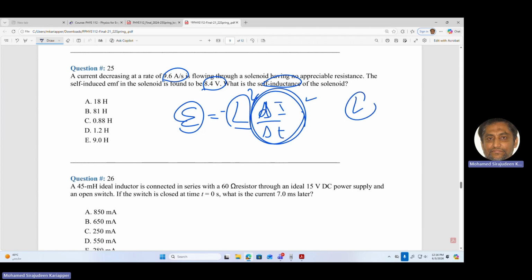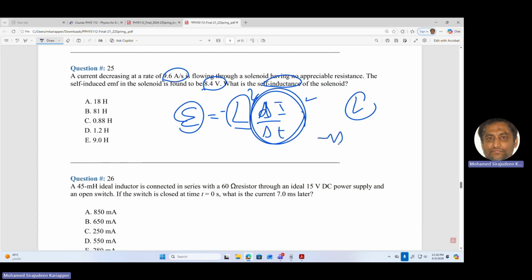L is a magnitude. You don't have to worry too much about the sign here. So it will be magnitude of E divided by magnitude of the rate of change of current. But actually, there are some exams where you are asked to find the direction also.